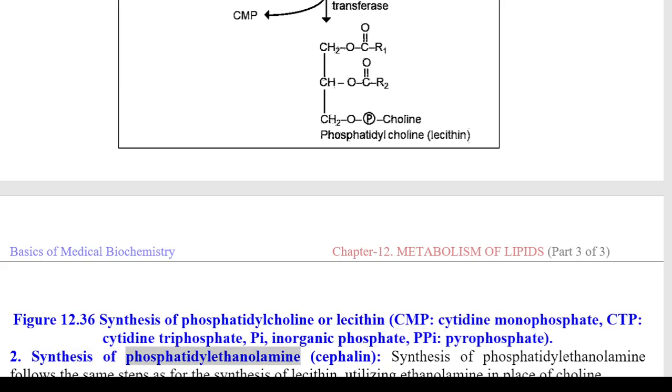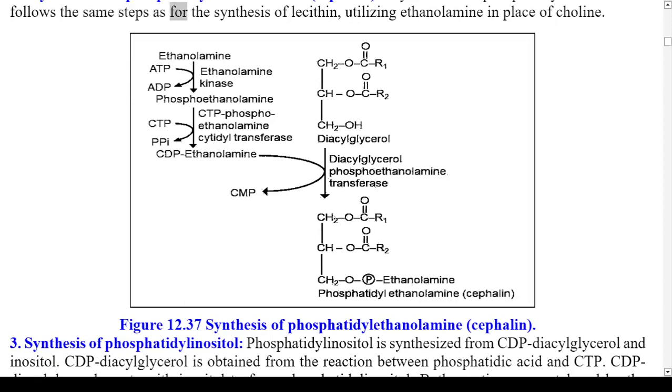2. Synthesis of phosphatidylethanolamine, cephalin. Synthesis of phosphatidylethanolamine follows the same steps as for the synthesis of lecithin, utilizing ethanolamine in place of choline. Figure 12.37 Synthesis of phosphatidylethanolamine, cephalin. 3. Synthesis of phosphatidylinositol.